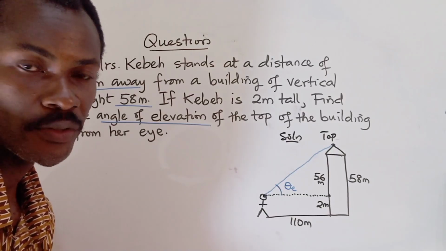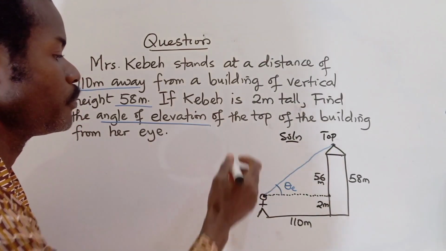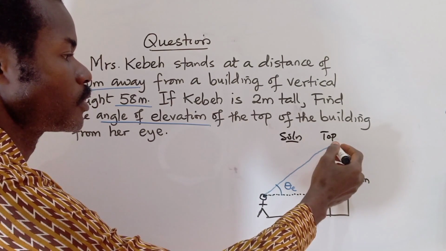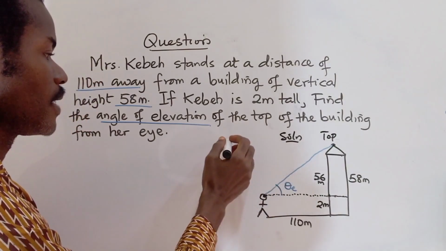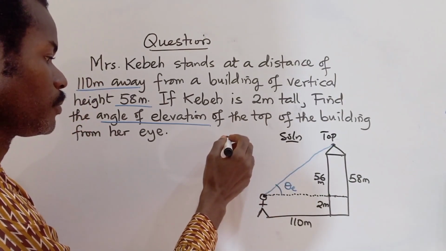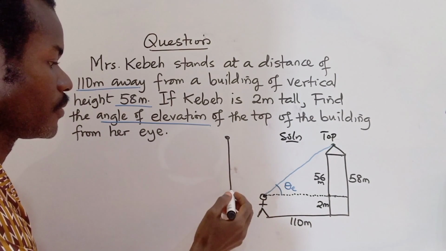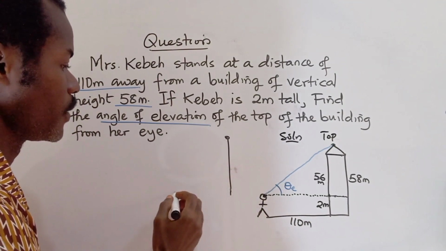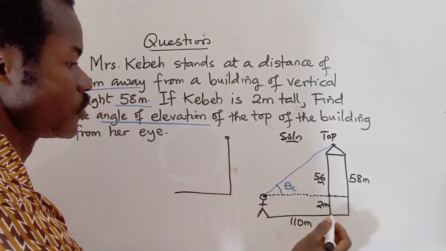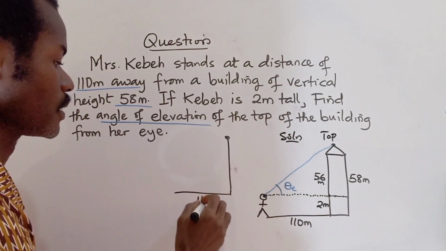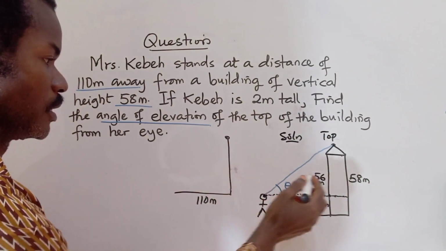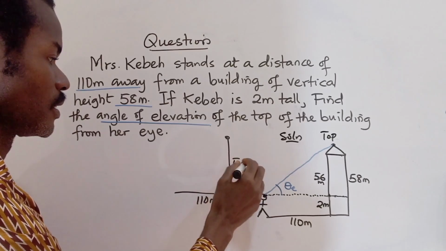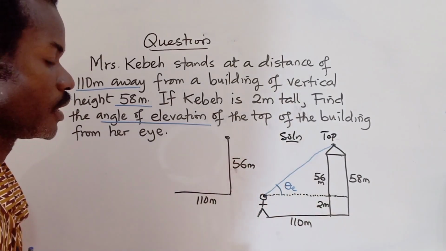Now with what we have drawn, I can simply bring out the triangle from the top of the building to this point. So this is the top of the building down to this level. This is 110 meters, and from this point to the top is 56 meters.